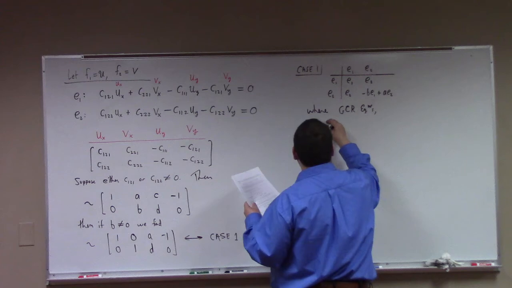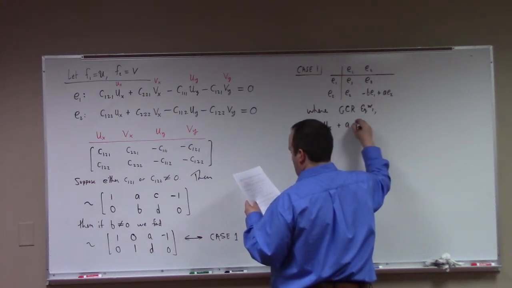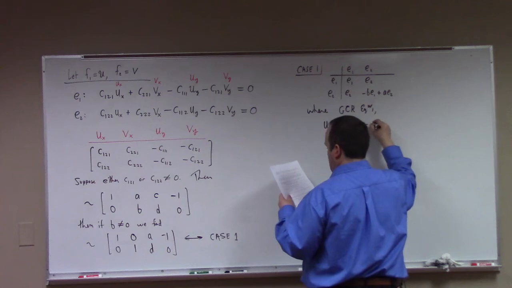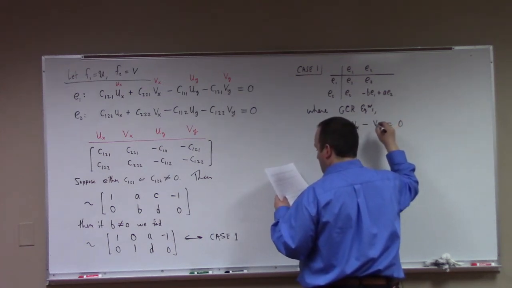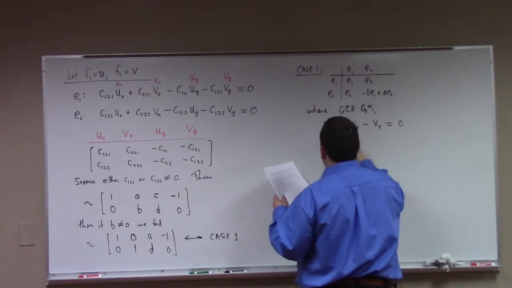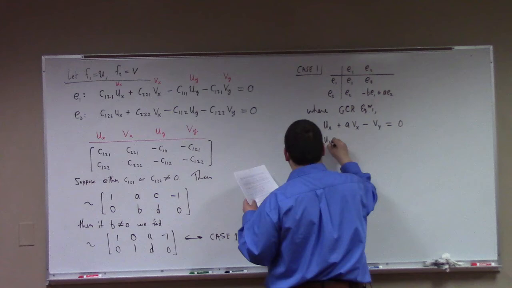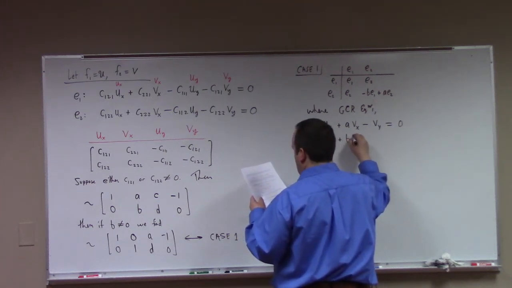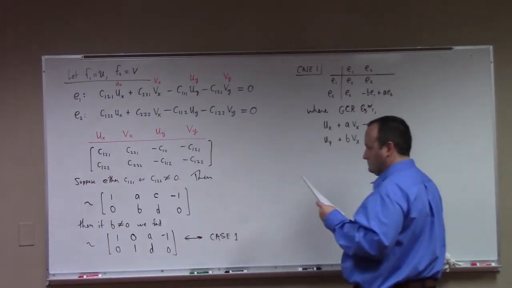We've got ux plus a vx minus vy equals 0, and uy plus b vx equal to 0.